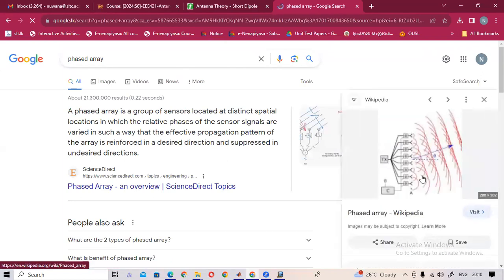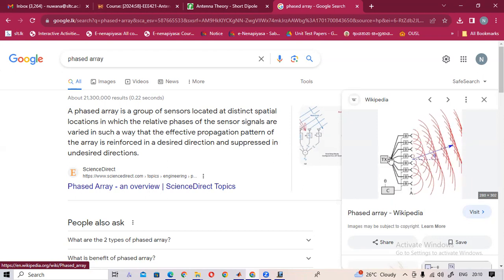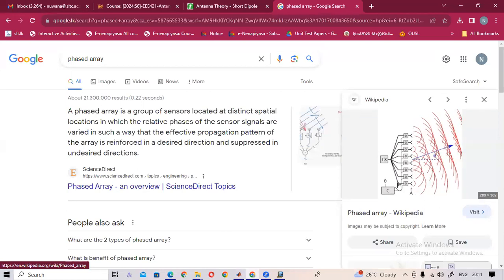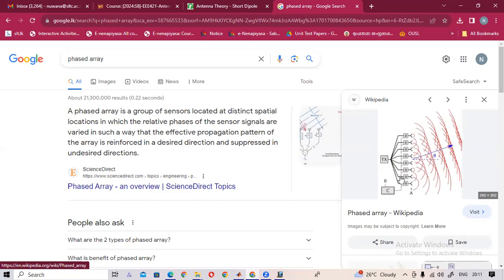If you are sending the signal here, this is the transmitter, the signal generator, and if you make the transmission line lengths L1, L2, L3, L4, L5, like this, so that L1 is greater than L2, L2 is greater than L3, likewise, if you reduce the length of the transmission line, the signal will be fed to this antenna with a delay.